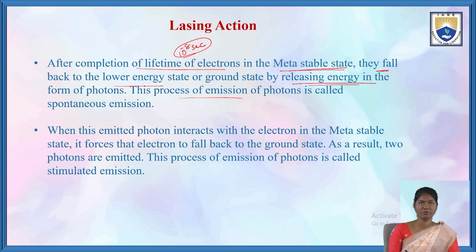When the emitted photon from the process of spontaneous emission interacts with the electron in the metastable state, it forces that electron to fall back to the ground state. As a result, two photons are emitted.